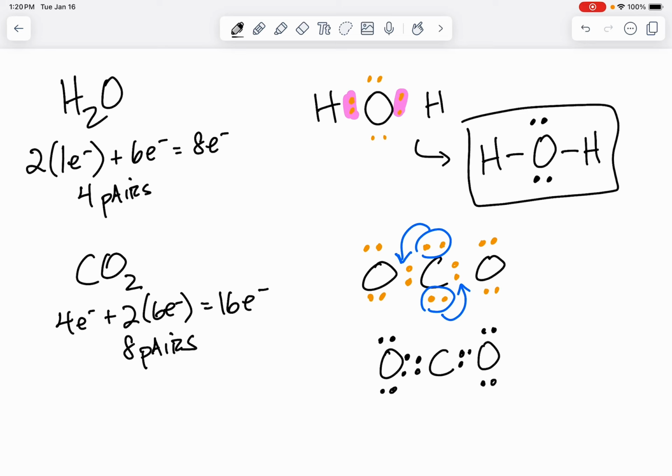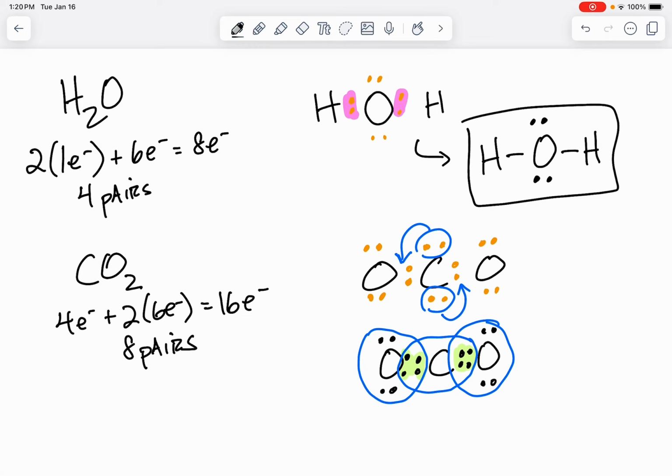And then now we have more bonding pairs of electrons here. So here are bonding pairs of electrons. And now we have an octet around everything. So here's an octet for the oxygen on the left. The carbon has an octet with these shared electrons. And now we have an octet here. So very happy, carbon's very happy in this case.